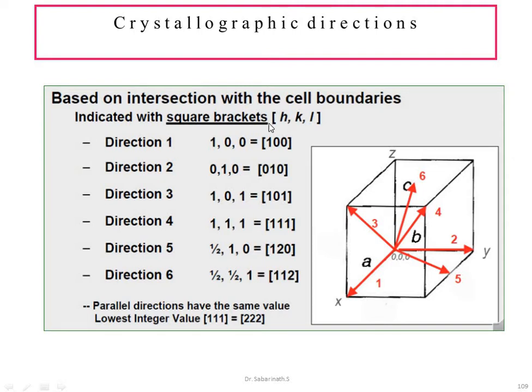We cannot simply write directions in any fashion. There is a standard representation, denoted by three values known as h, k, and l. These are the Miller indices for the directions. Before starting, let us see these 6 directions and how they are taken.